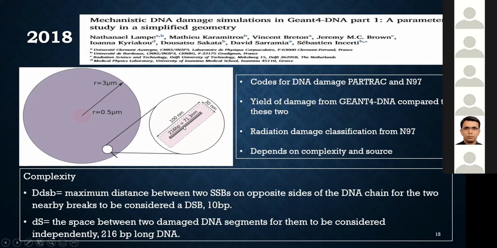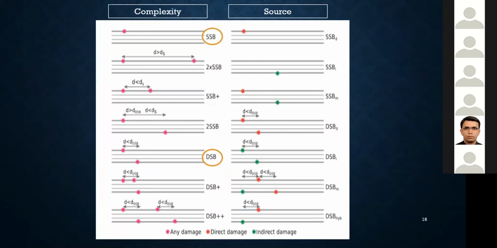So when we want to simulate something, we have to do a radiation damage classification. Here you can see it better. This code will detect a single strand break just like this, as you can see here on the left. Then 2x single strand break is two single strand breaks when the distance is higher than the DS that we mentioned before.